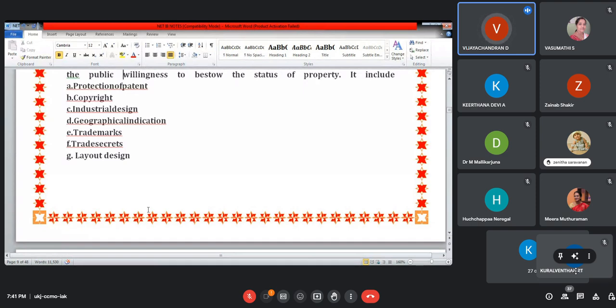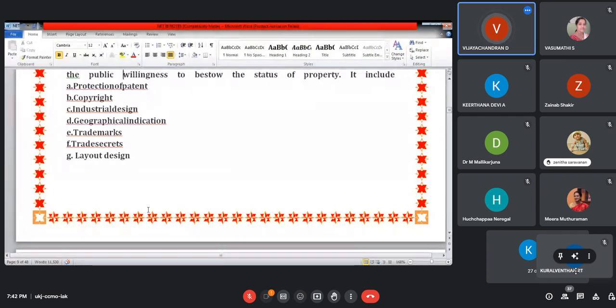Say for example, Salem mango, Dindigul lock, Tirunelveli halwa, Palani Panchamirtham, Simla apple. All are coming under geographical indication. Poovisar Kurid, as you know in Tamil. That product will be manufactured only in that area.